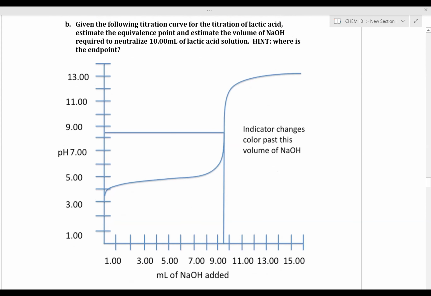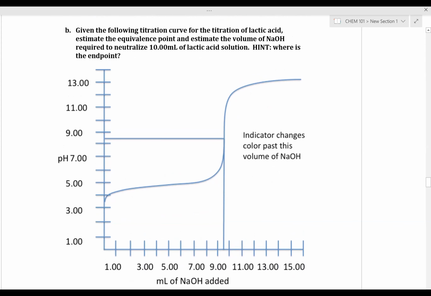So in a titration curve, the equivalence point is the region where your curve experiences the greatest inflection, which is this point right here. At the equivalence point, we know that the moles of acid are equal to the moles of base times the stoichiometric ratio.